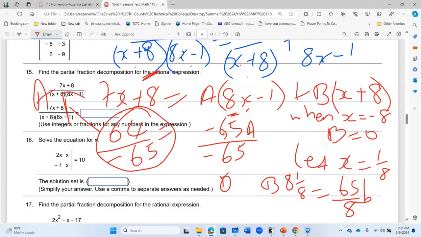When I multiply the 7x by 1 over 8, I have 7 times 1 over 8 plus 8. 8 times 7 is 56 plus 1, 57. 57 plus 8 is going to give me 65. So I have 65 over 8.